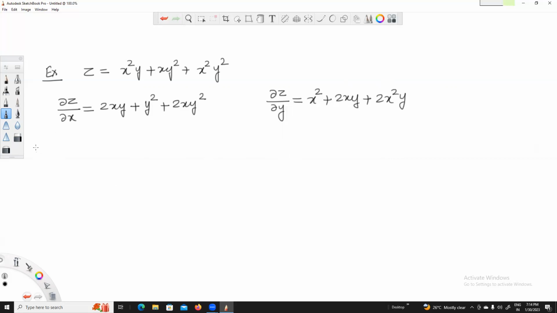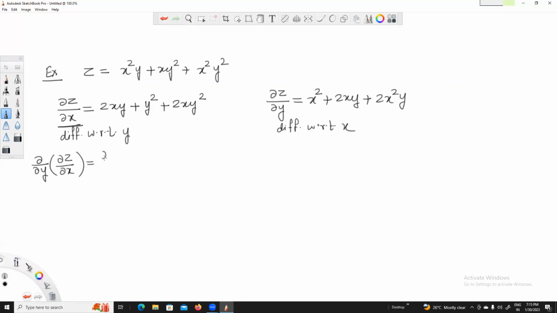Now I'm going to differentiate this with respect to y, and let's differentiate the other with respect to x, and let us see if we get the same answer or not. Differentiating with respect to y means del by del y of del z by del x.